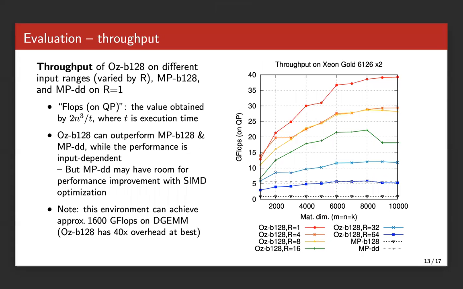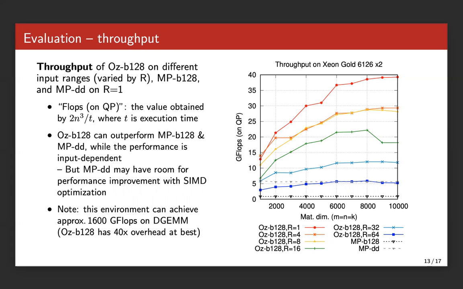Next, we show the throughput in flops. Here, flops means the number of quadruple precision operations per second. The performance of our implementation is shown with solid lines with different colors corresponding to different input ranges.